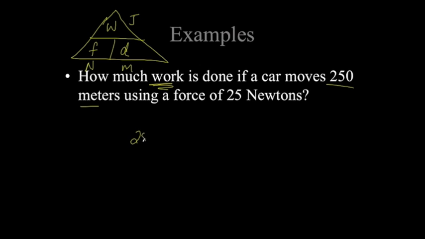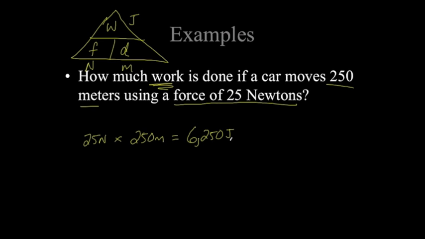And they gave us the force of 25 newtons. So 25 newtons times 250 meters. When you plug it in and calculate it out, you find that 6,250 joules of work are done.